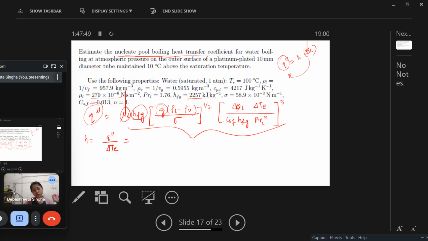Then g is 9.8, rho L is, so if I write all this along with this delta T_e, we can write as 279 into 10 to the power minus 6 into 2257 into 10 cube divided by this delta T_e. Delta T_e is maintained 10 degrees above the saturation temperature. So already they have given it as a temperature difference, so it is 10.